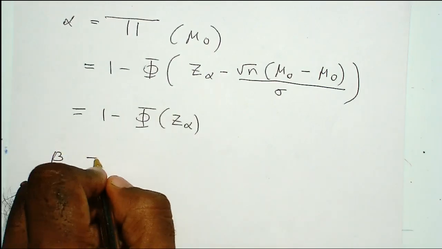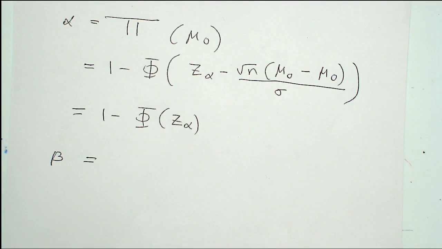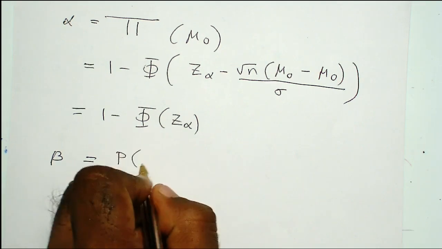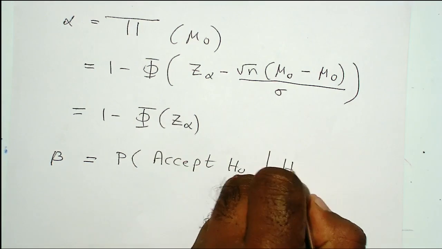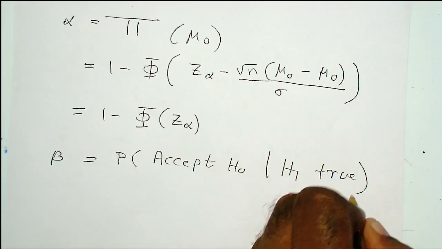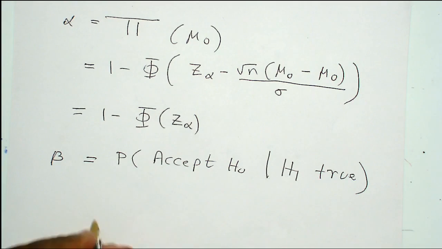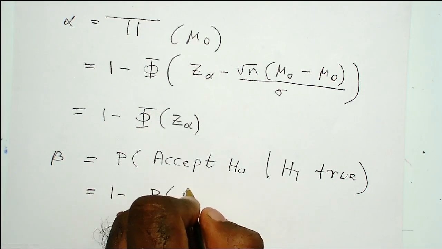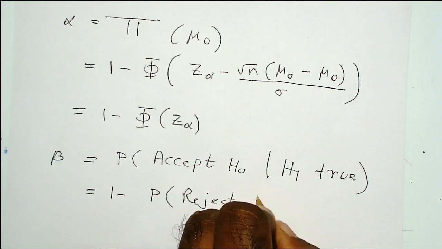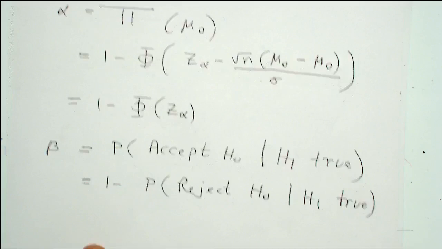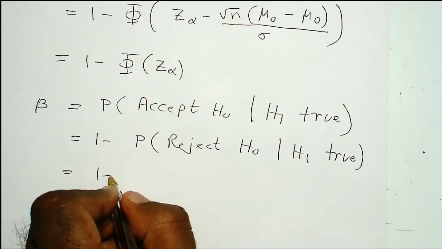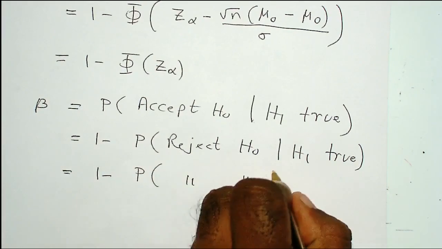And beta is the probability of accepting H0 when H1 is true, which is 1 minus the probability of rejecting H0 when H1 is true.